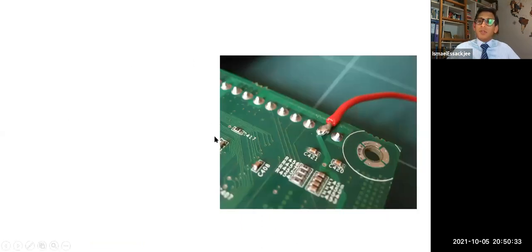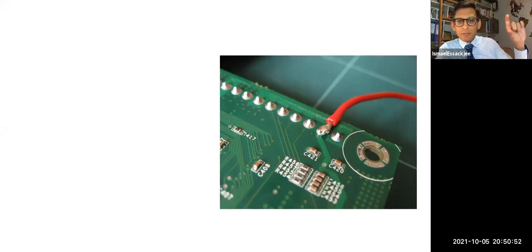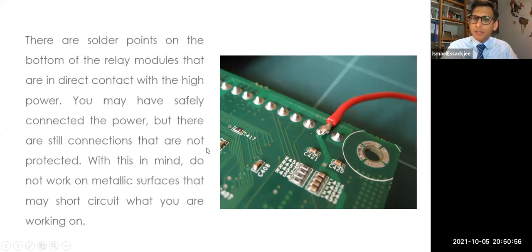Next, when you're working with relays, you're going to solder it maybe to a board. This is going to be on top where you have all your components. But at times, when you're holding the board in your hand, your bottom finger or your thumb is touching the bottom part of the relay on the board. This part can conduct as well.